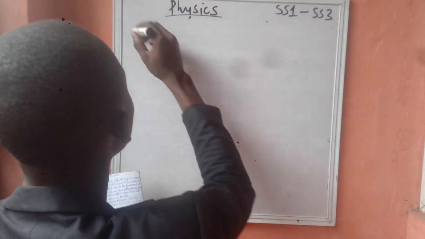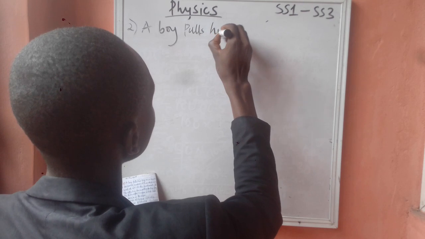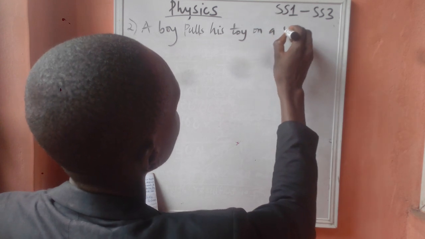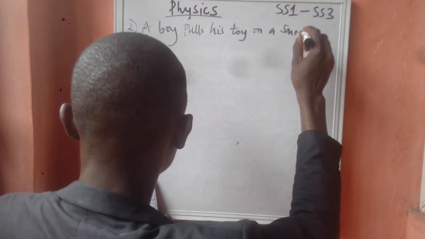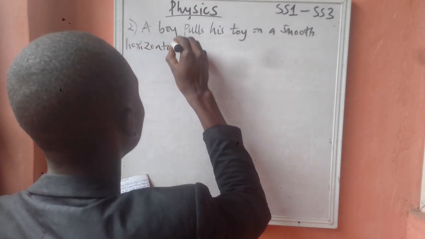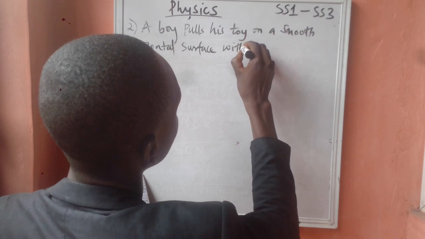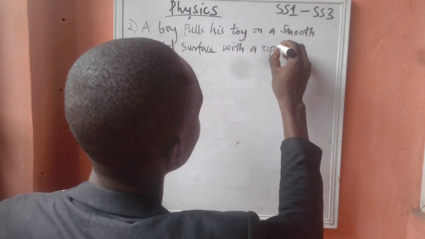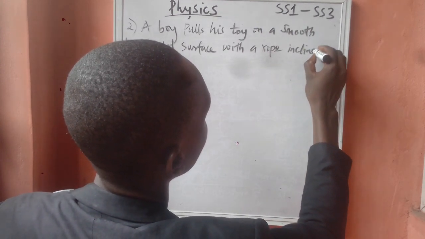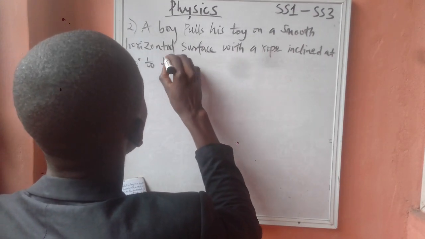The boy pulls his toy on a smooth horizontal surface with a rope inclined at 60 degrees to the horizontal.